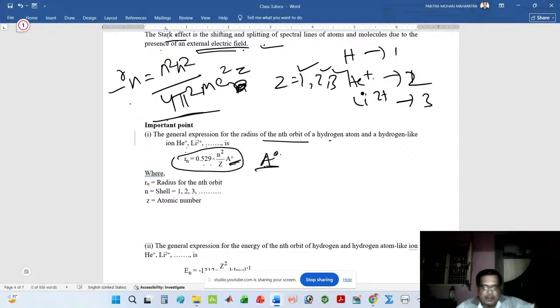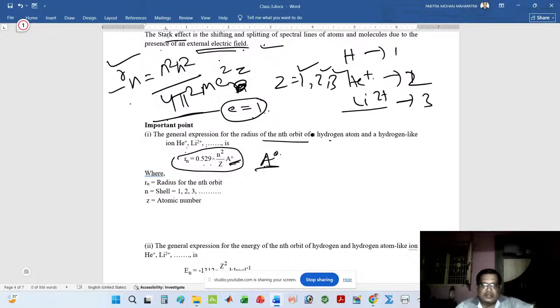But remember, all three species, hydrogen, He+ and Li2+, have a constant number of electrons, that is 1. So for all the species, the value of e is 1. Now put this value in the formula.